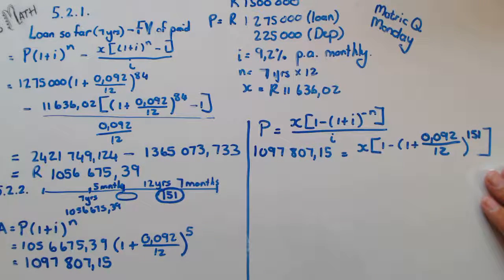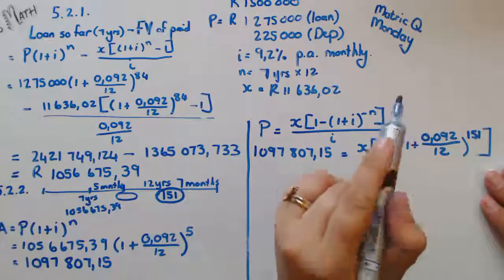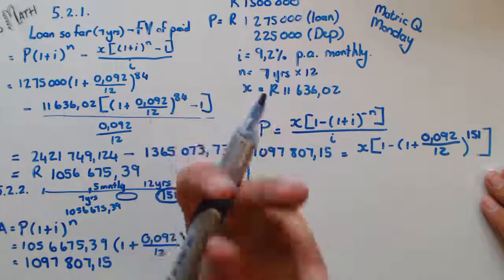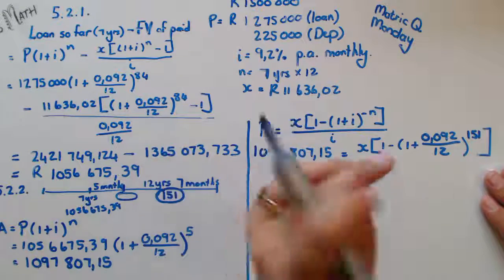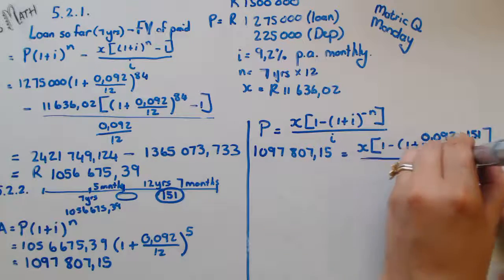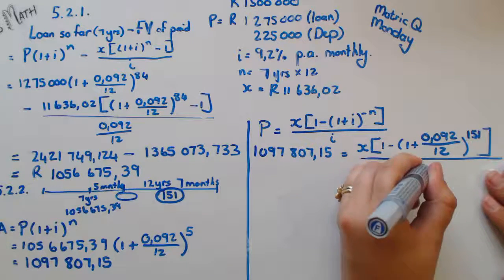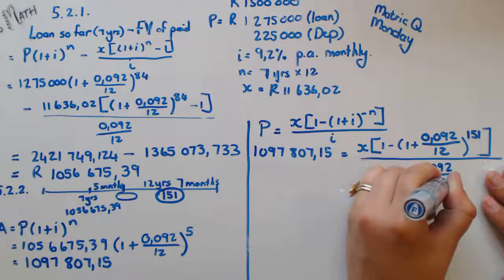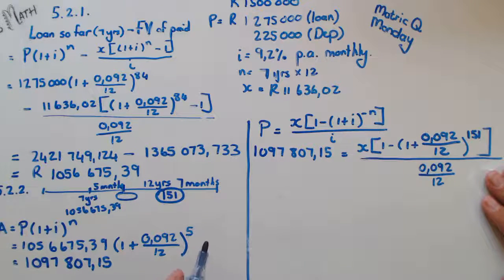Just think of this as the number of installments. So if I have monthly installments over 12 years, that means 12 times 12, 144 installments. And if I have another 7 months, then that is 144 plus the 7 installments. I find it better to think about that as the number of installments and not really the number of years as they start teaching.